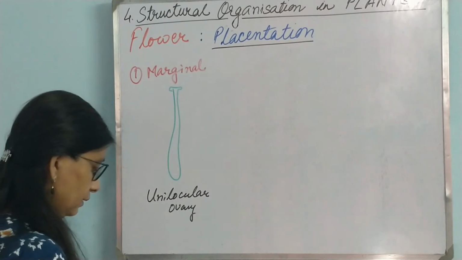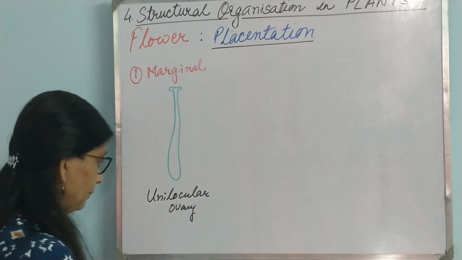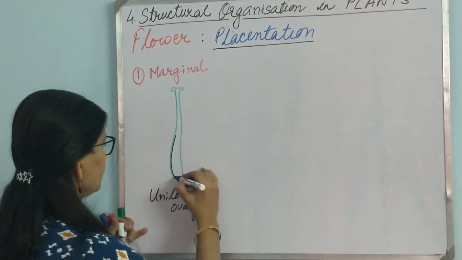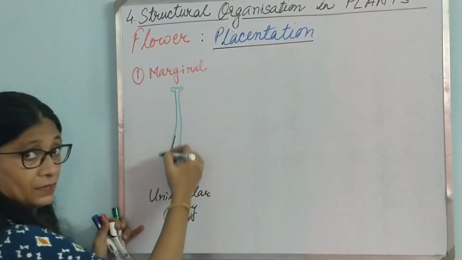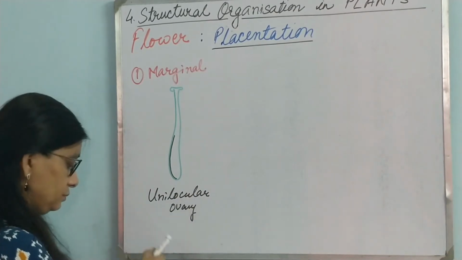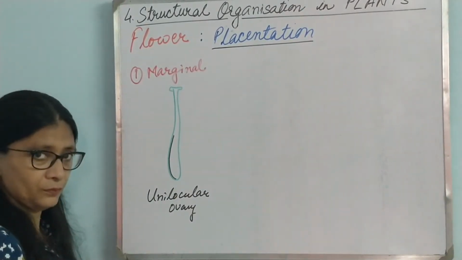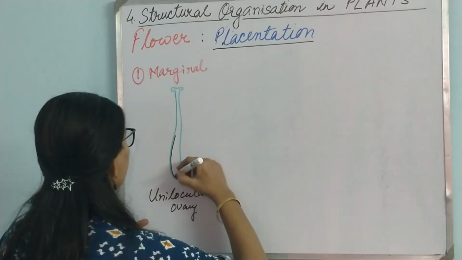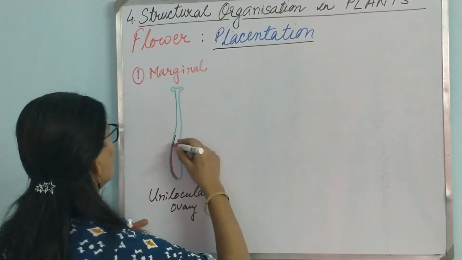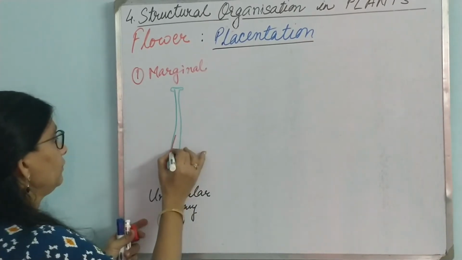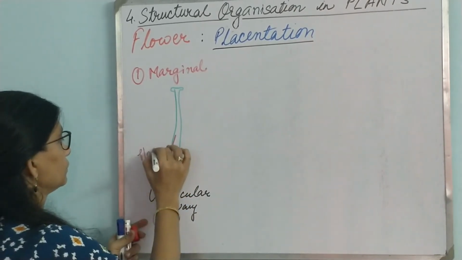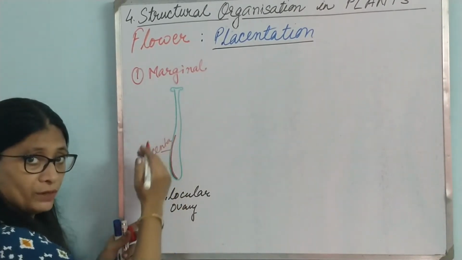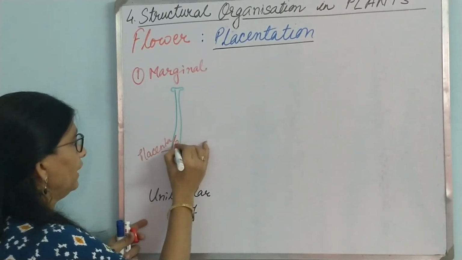So here, this particular region is known as the ventral suture. It is the development of the ovary. On the ventral suture is located the placenta. So this is the placenta. So is it not on the margin of the ovary? That is why it is known as marginal.